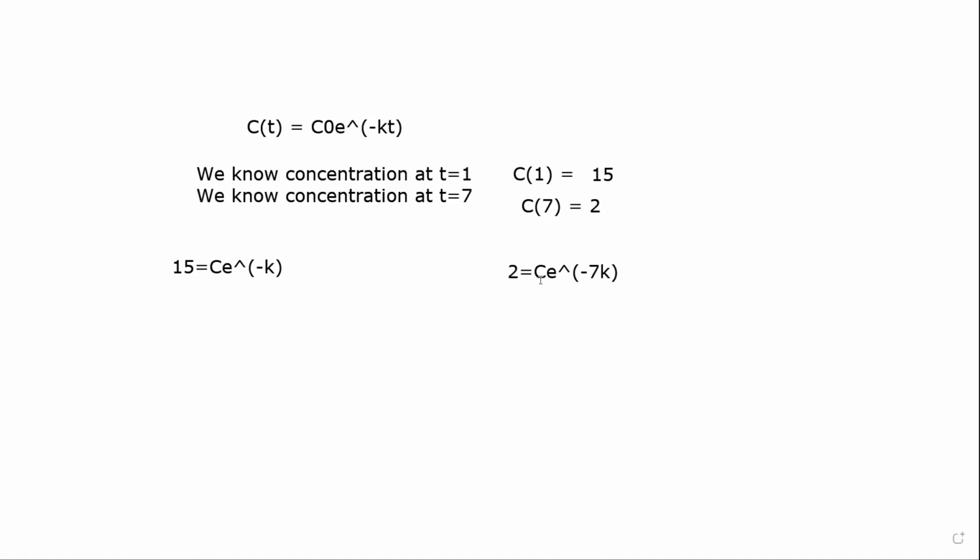So actually there's a few different ways, and I debated with myself. You can use logs. You can do a couple of different things with this. What I decided to do was take the first equation and solve it for this e to the negative k term.